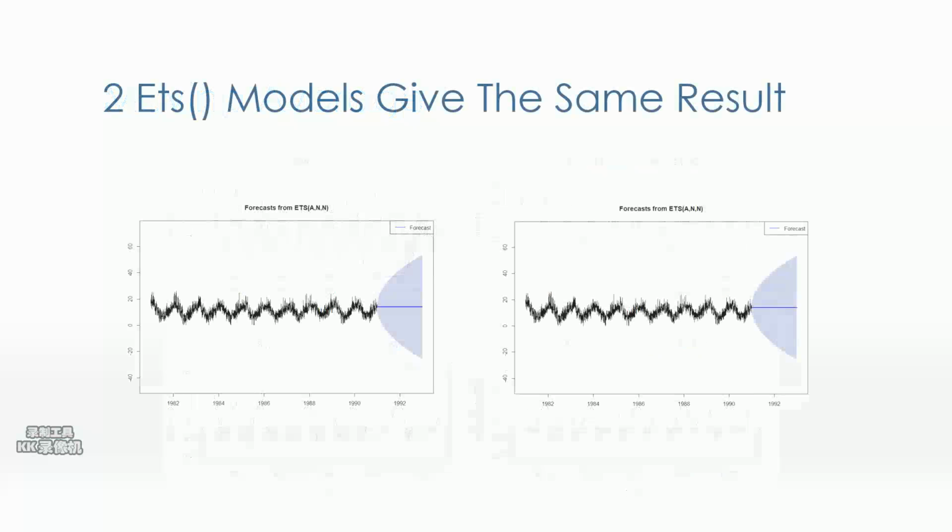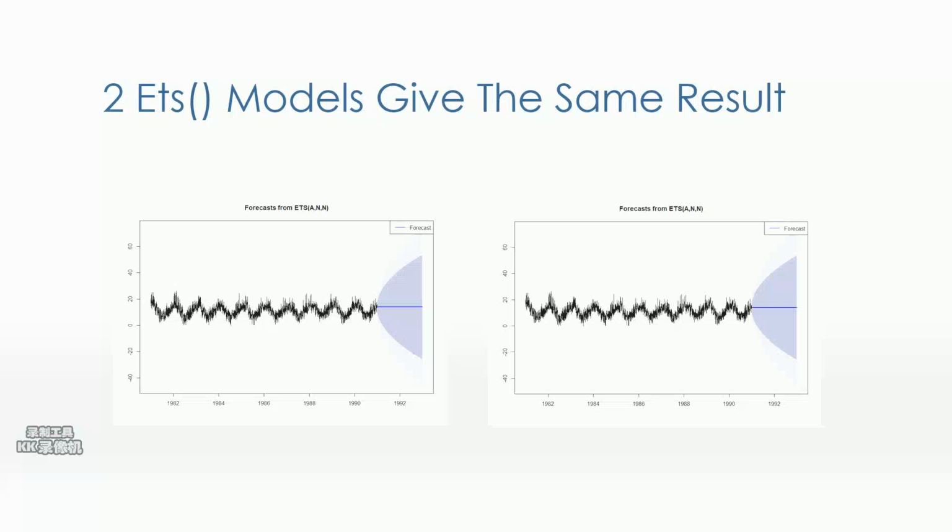Then I applied an ETS function to fit a model. With the ANN parameters, I use the forecast function to predict the future values. To see it more efficiently, I plot the result. In the ETS function, the TS is the time series to be analyzed. There are three letters to limit the model.